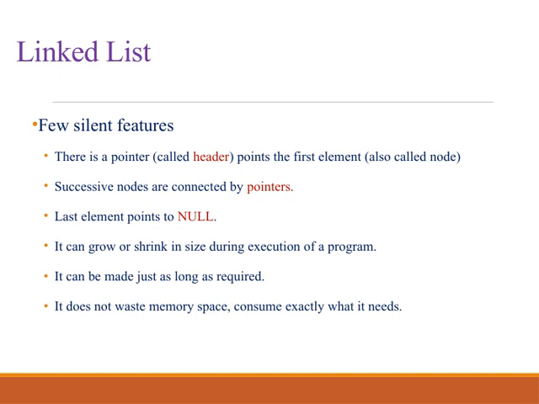One of the most flexible features of linked lists is their ability to grow or shrink dynamically during the execution of a program. Unlike static arrays, linked lists can expand or contract as needed, which makes them very adaptable to different data storage requirements. You can make the linked list as long as necessary without worrying about pre-allocating memory.